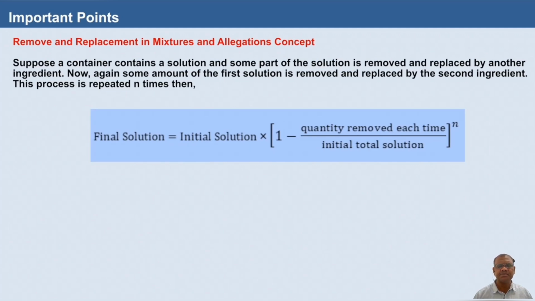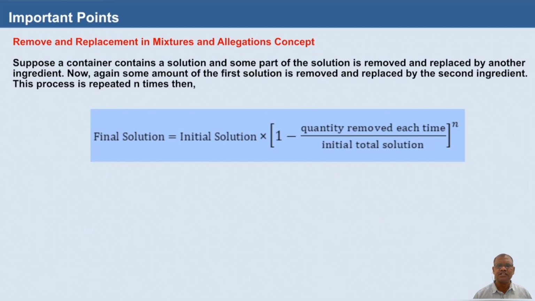Remove and replacement in mixture and allegation concept. Suppose a container contains a solution and some part of the solution is removed and replaced by another ingredient. Now, again some amount of the first solution is removed and replaced by the second ingredient. This process is repeated n times.